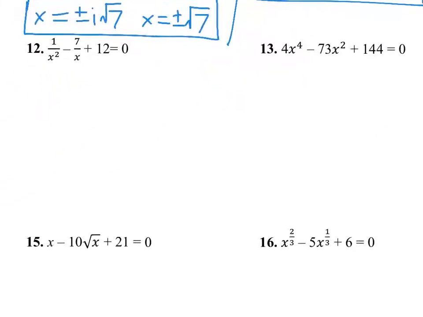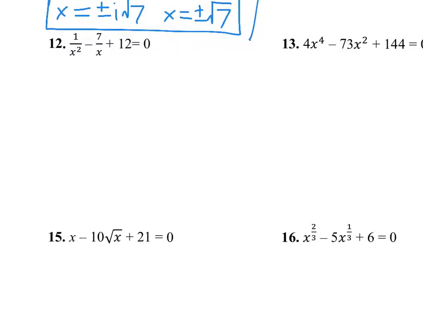Okay, for number 12, I'm going to introduce a new method called U-substitution. The way you do U-substitution is you look at the middle term. So the middle term is -7x, but you ignore the coefficient of -7. So I look at the middle term, -7x, but I don't want the number. I don't want this -7.